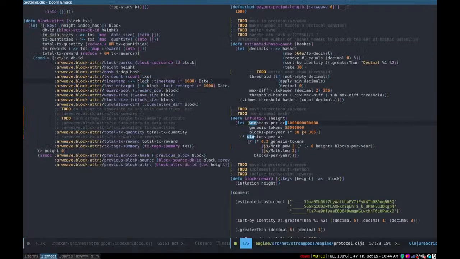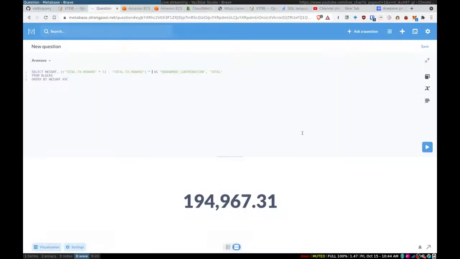Okay, so get our Winstons per AR. And I'll get rid of the double parentheses. I assume this follows normal arithmetic precedence rules. So that's the endowment contribution, and then the total TX reward. For clarity, multiply that, and we'll call this miner reward.